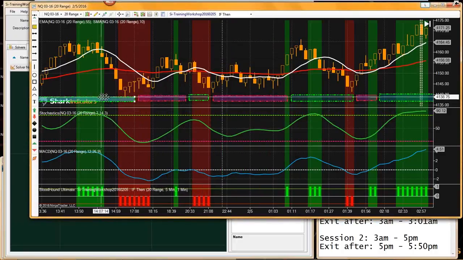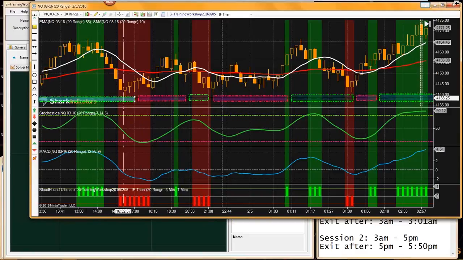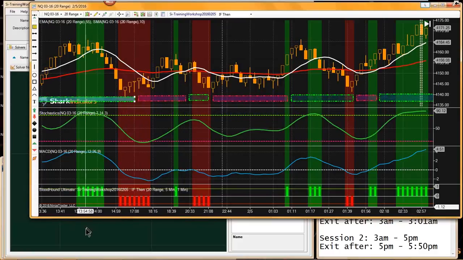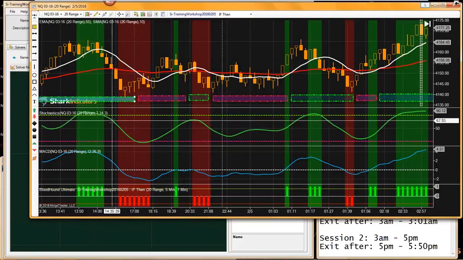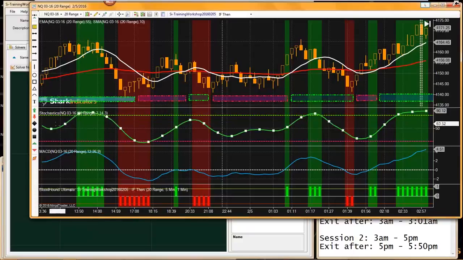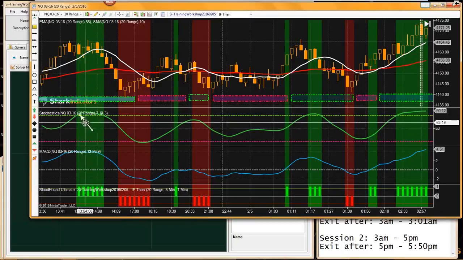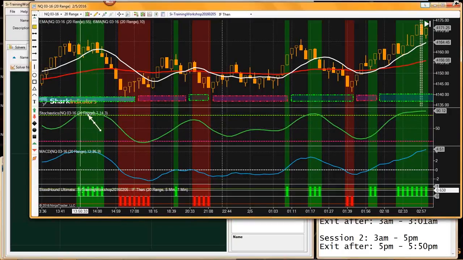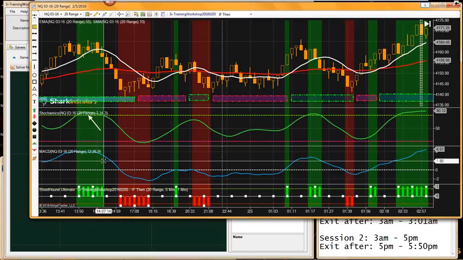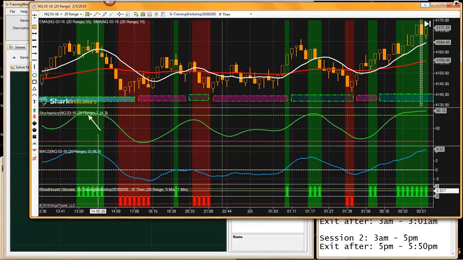Alright, so we have a long signal coming into the if node. So what's happening is the long signals from the stochastic solver is what's passing through to the output. Right, so we can see right here the stochastic is oversold, and we can see those long signals are what's passing through to the output there.